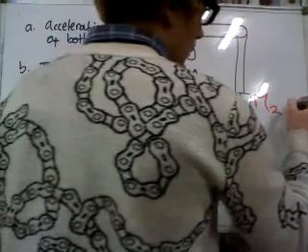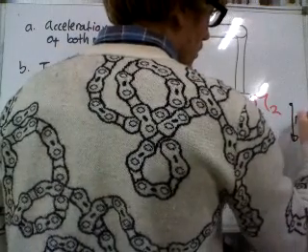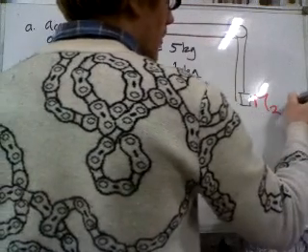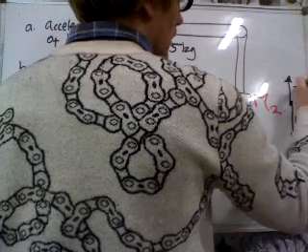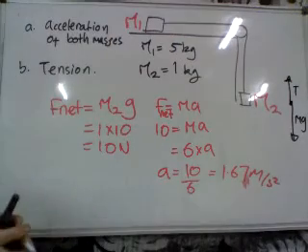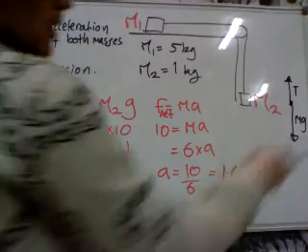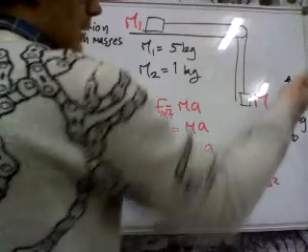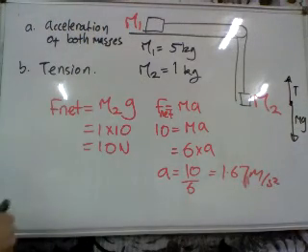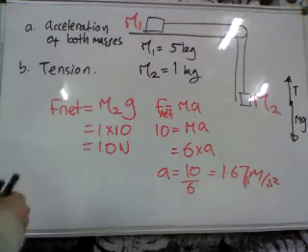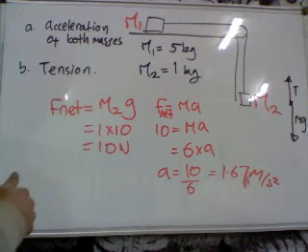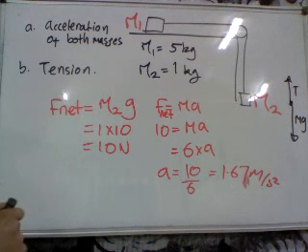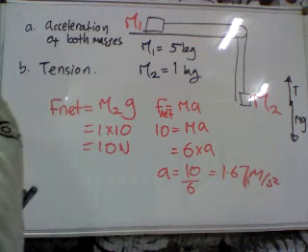Well, there's going to be a force of gravity pulling it down, but there's also going to be some tension pulling it back up again. And those two forces add together to create the net force on that mass. What's the net force on that mass? Well, it's not the same as the net force on the system. That's an important distinction to make.